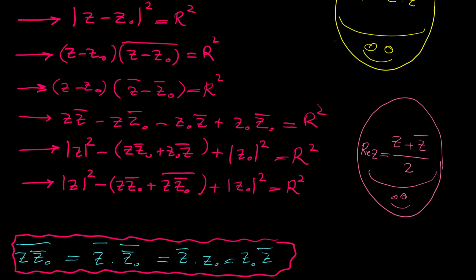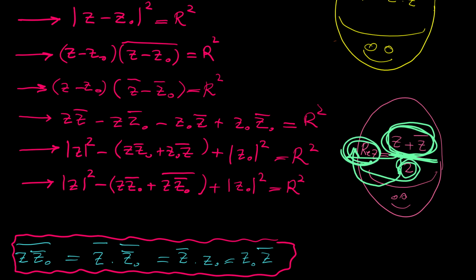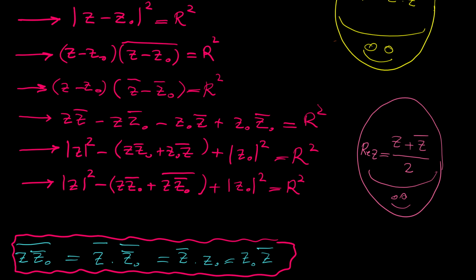So if we have only z plus z conjugate without dividing by 2, we can multiply both sides by 2. So z plus z conjugate is 2 times real of z.